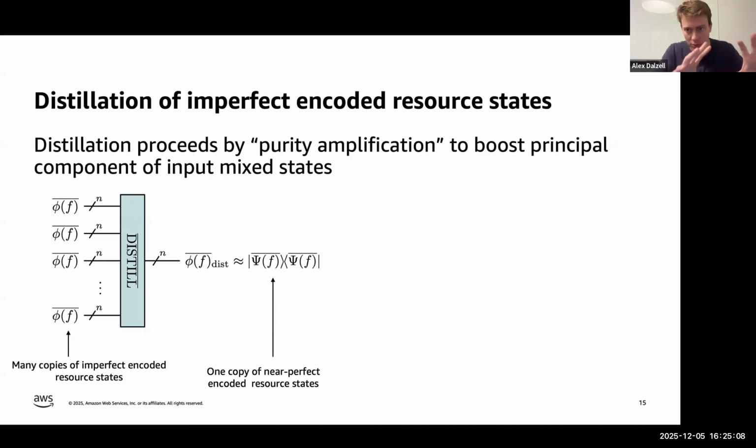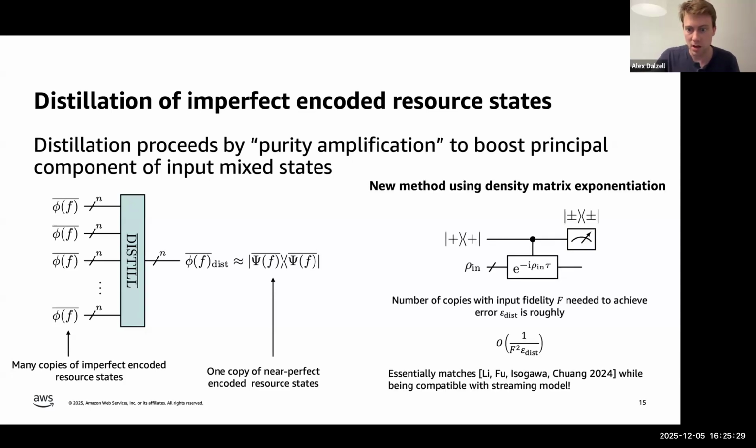So we can study this as its own problem, where we want to take many copies of a mixed state and produce a single copy of its largest eigenstate. Now, this has been studied before, and we could use black box results from the literature, but we actually show a new method for this, which could be of independent interest, which leverages quantum principal component analysis to do density matrix exponentiation.